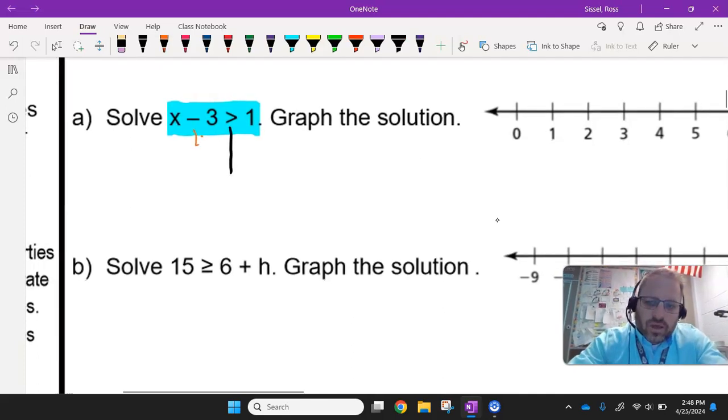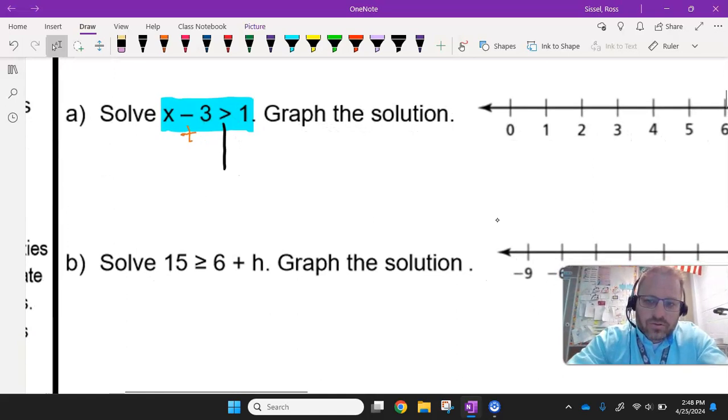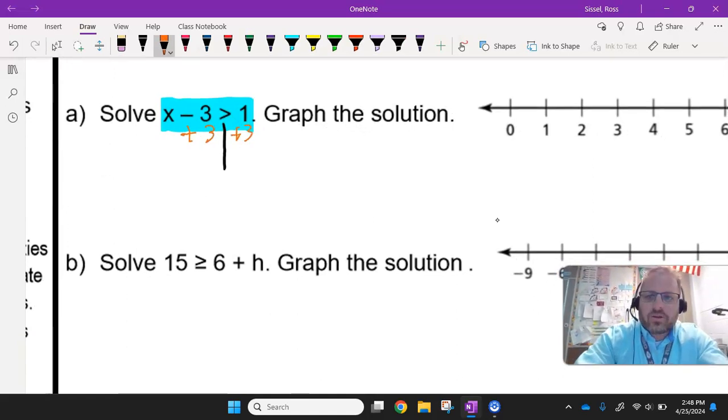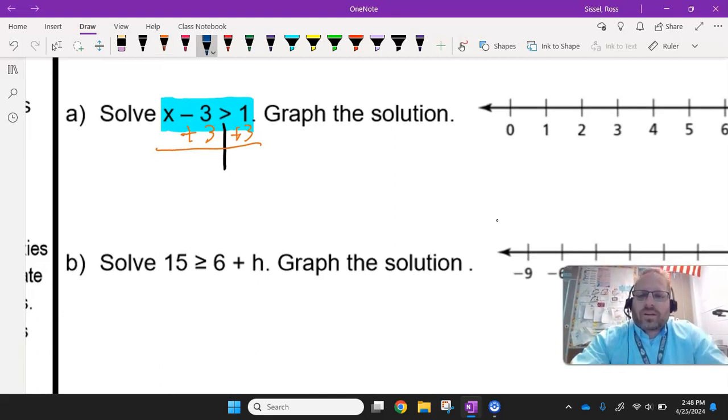And so we will go ahead and add. Sorry, my screen's moving on me. We will add 3 to both sides of the inequality. When we do that, the 3's cancel out. Subtracting 3 and adding 3 gets you back to the original spot. So we're left with only x, and 1 plus 3 is 4.